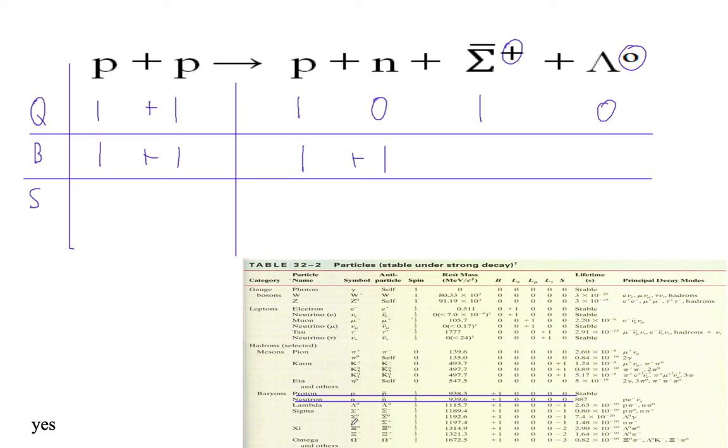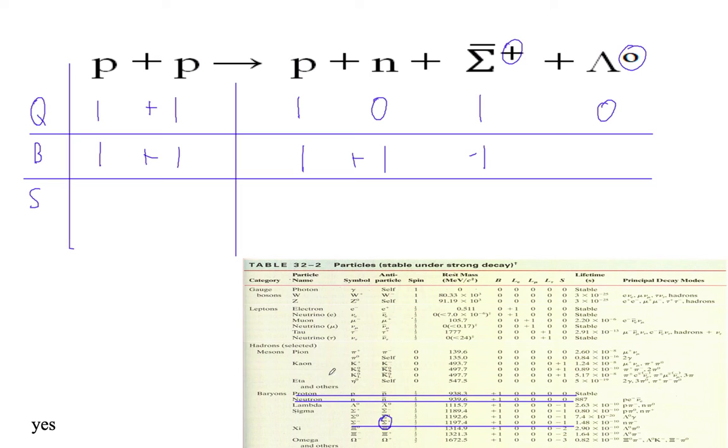There it is. Okay, well, it's the antiparticle. It's this one here, right? Okay, so that one is going to be a baryon number of -1. Because the baryon is +1, the antibaryon is -1.